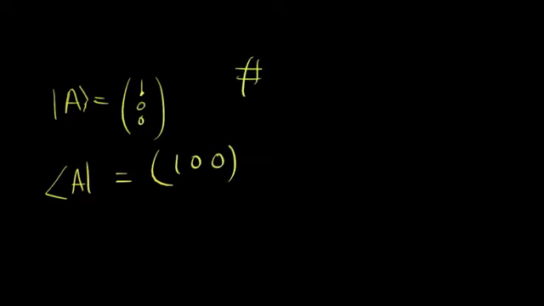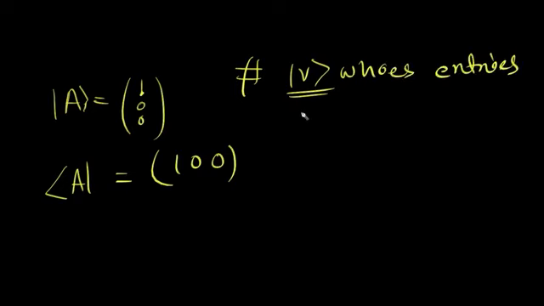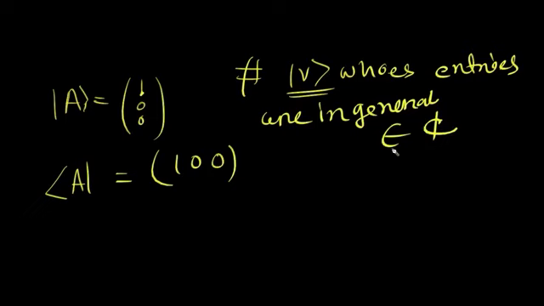If you have some ket vector like this whose entries in general belong to the complex number set, that is, you can have elements with imaginary terms, and you want to get the corresponding bra, that is, you ask what is the bra of V, then this is defined as the dagger of the ket.